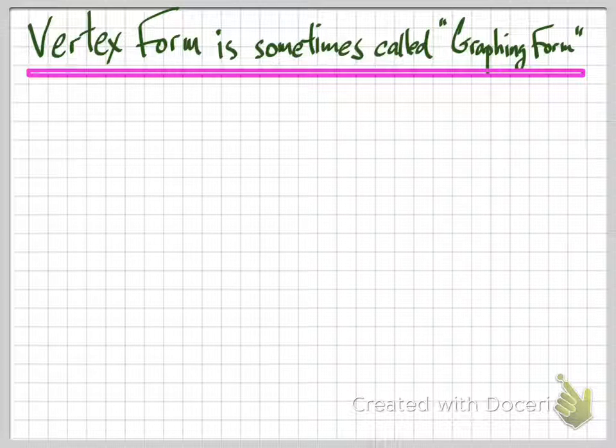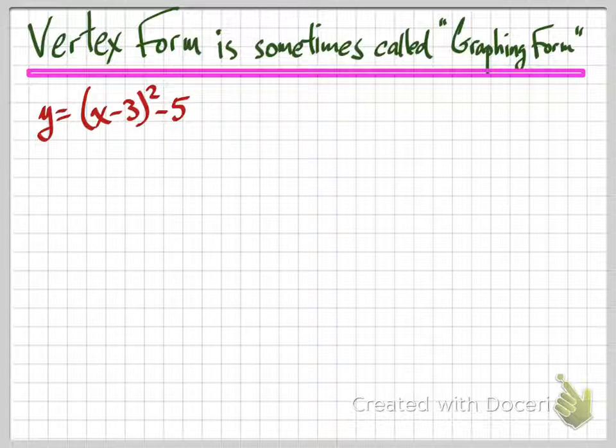It's not very common, but you do occasionally see books that use that phrase instead of vertex form. Most people use vertex form because you get the vertex in the equation. But the graphing form, calling it that, is not a bad choice. Let me explain why. It emphasizes a slightly different aspect of writing equations in this form and their kind of transformational nature. Let me explain what I mean by that.